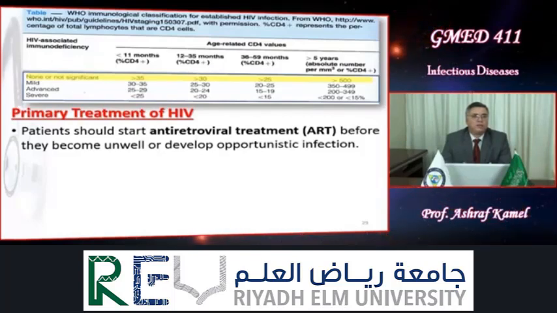It is mild when it is between 350 to 499, and advanced when it's between 200 and 349, and it is severe when the CD4 count is less than 200.